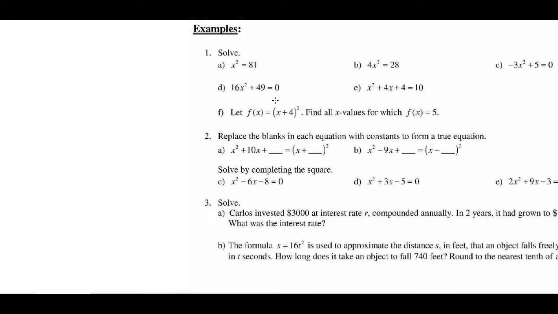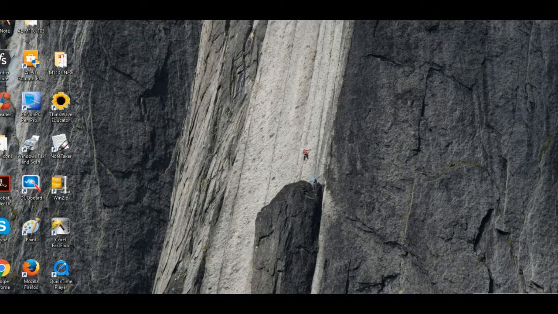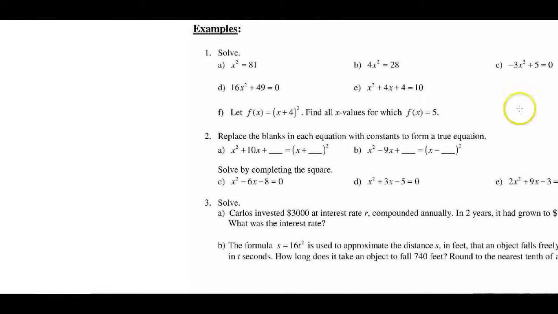Now, as we look at our first example, and I'll be writing these so that you can see them well here. We have x squared equals 81. Now, the way in the past we would solve this, we'd put it into standard form, transpose that, equate it to 0, and we see this is the difference of perfect squares.